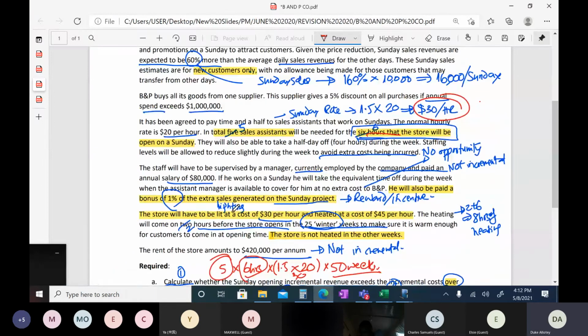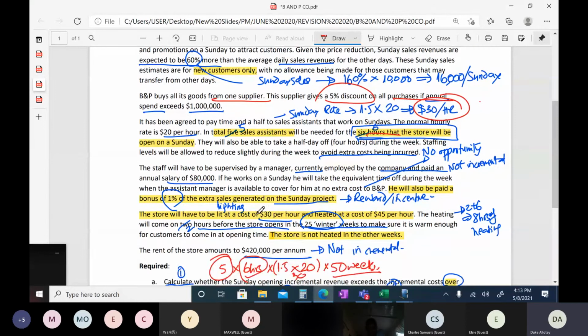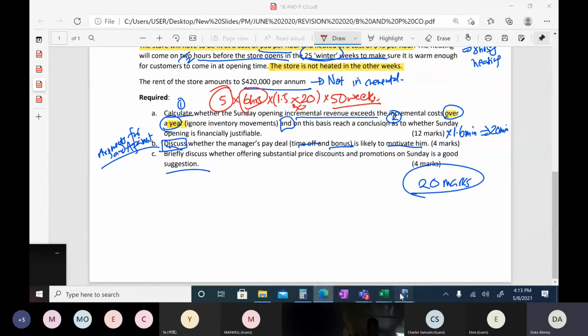We are told that BP buys all the goods from one supplier, and this supplier gives a discount of 5% on all purchases if the annual spend exceeds 1 million. Now, don't forget that when we talk about the spend, we are talking about how much we buy from our supplier. So look at it.